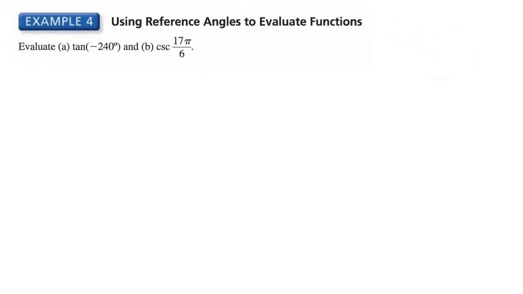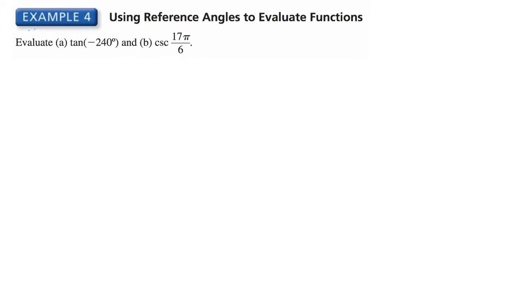Okay, moving right along, we're going to be using reference angles to evaluate functions. How are we going to do this? Well, we are going to use our reference angles from this piece to solve.